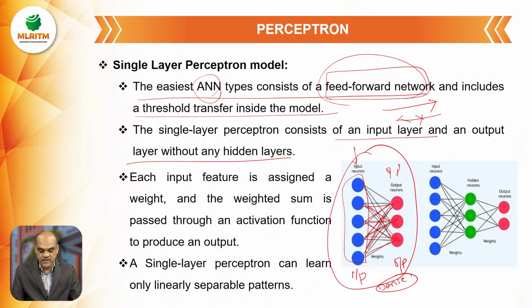Each input feature is assigned a weight to process this particular connection. For example, the first neuron is connected with the first output. In that case, to process this, we need to have some weight here, for example W11. Like this, each and every connection has a weight. So the input feature is assigned a weight, and the weighted sum is processed through the activation function to produce the output.